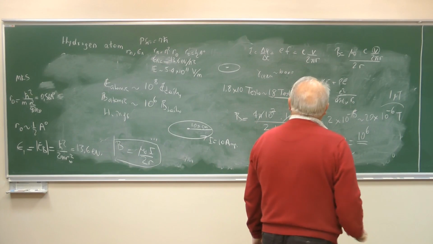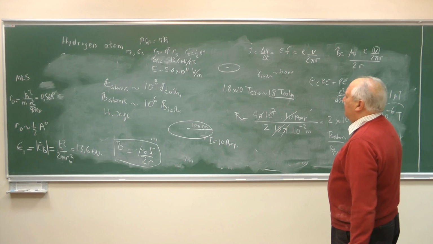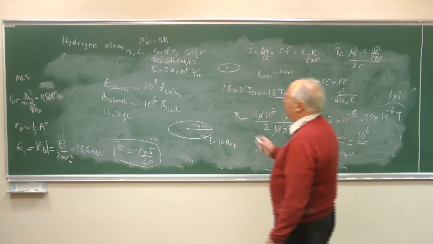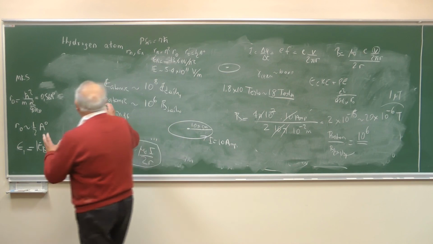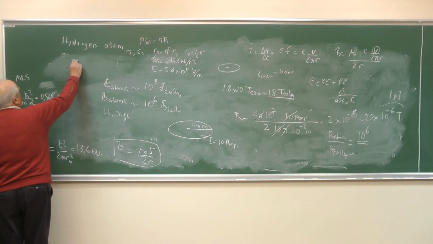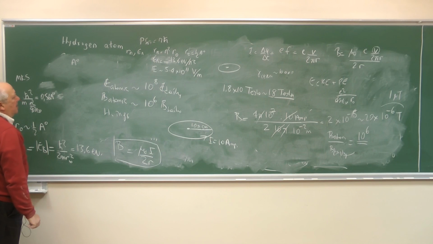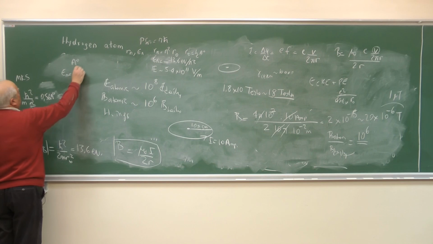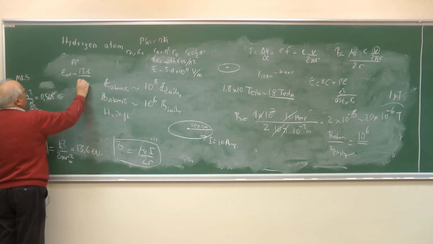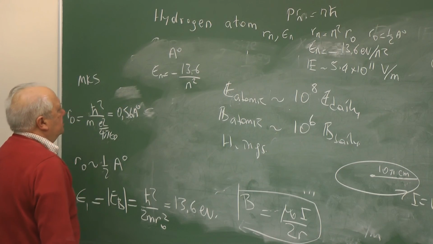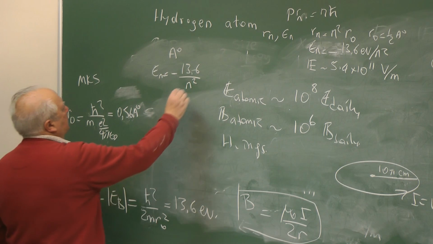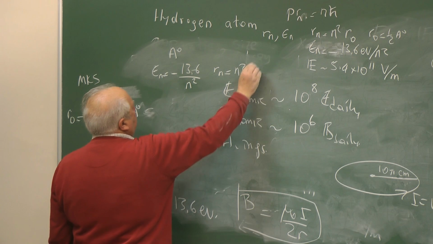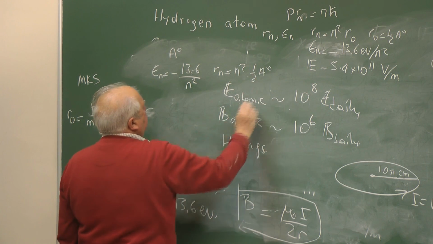And, well, I think we now have an idea about the hydrogen atom, namely that its size is of the order of angstrom and its binding energies E n is minus 13.6 divided by n squared, and R n is n squared times R0, which is 1/2 angstrom.